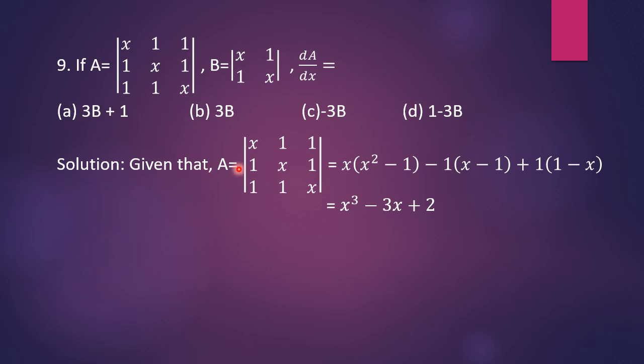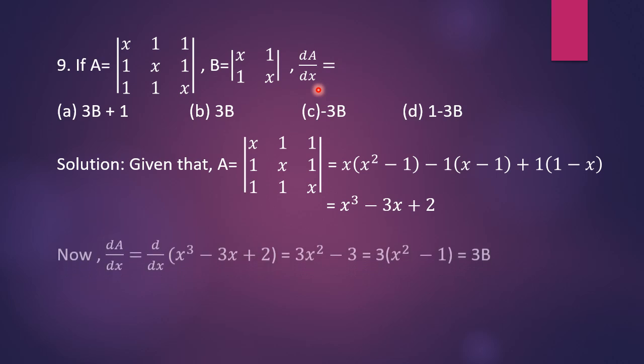So given that A is equal to the determinant, we know how to evaluate a 3 by 3 determinant. So along the first row we expanded here. After simplification, this will be x cube minus 3x plus 2. So this is a function of x. Now we differentiate this A with respect to x, that is dA divided by dx, differentiation of any function with respect to x here.